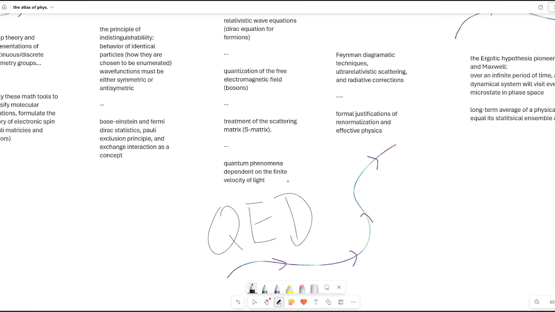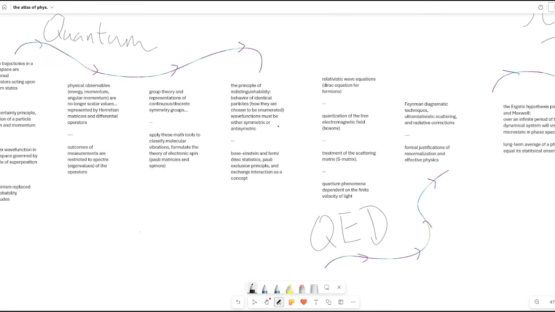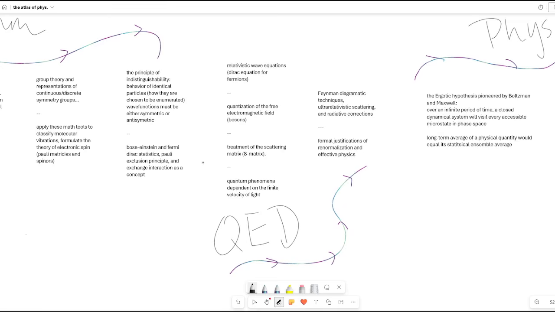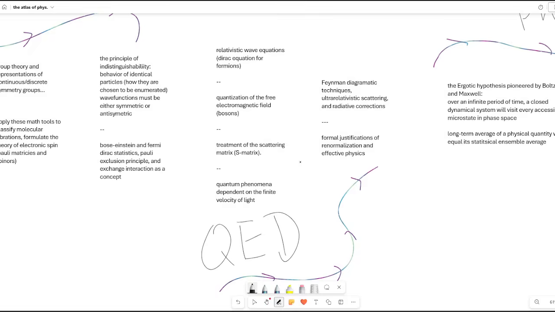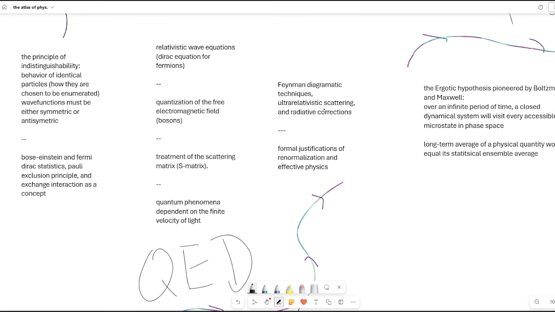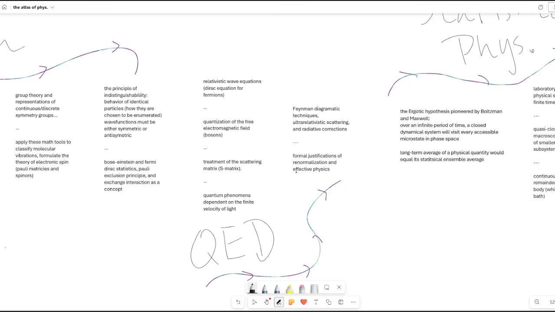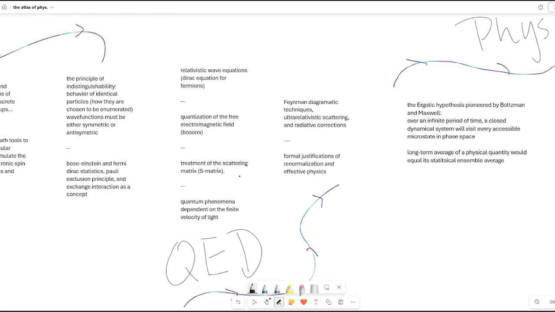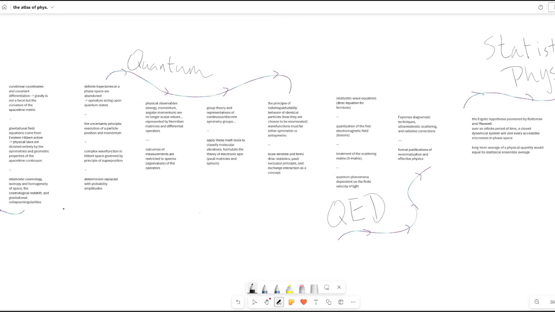The propagation speed of light in a vacuum is finite, so we have to reconcile quantum mechanics in this way. That's what you would want to investigate with quantum electrodynamics. Ultra relativistic scattering, radiative corrections, and then justifications of renormalization and effective physics. All of that wraps up quantum electrodynamics.